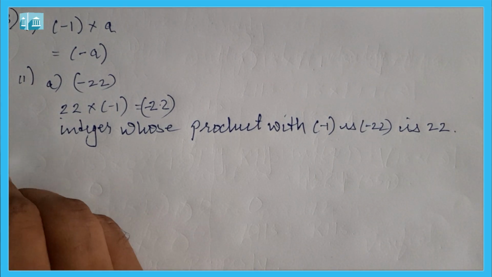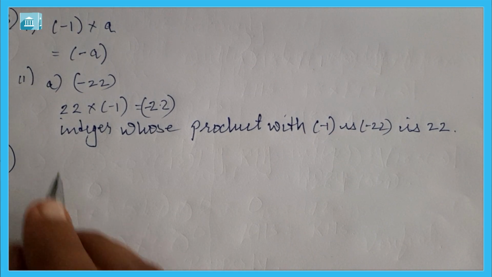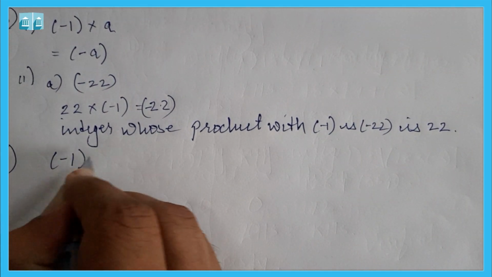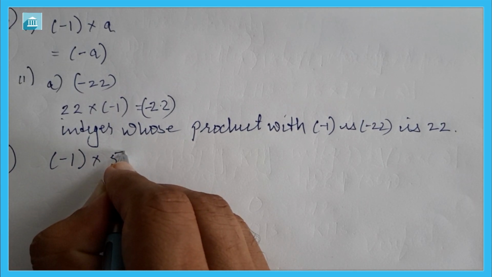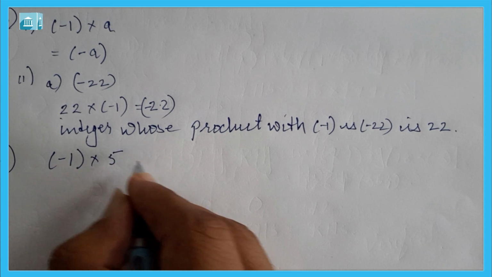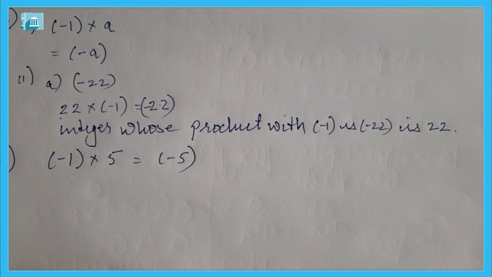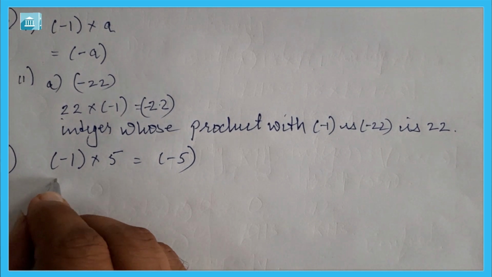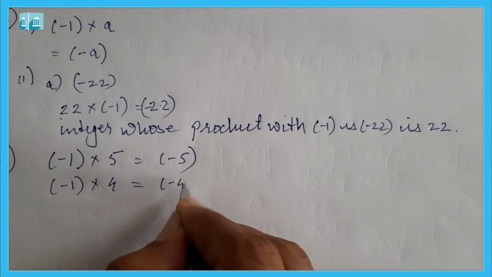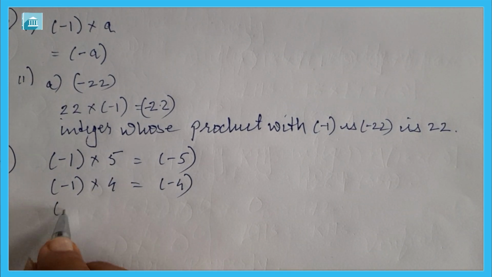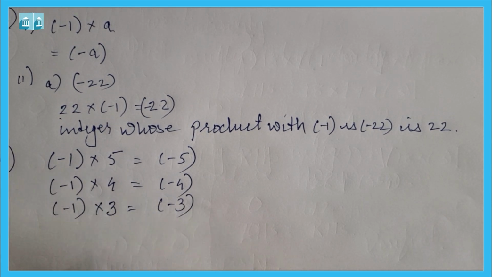Now let us see the fourth one. In the fourth one it is given, starting from -1 into 5, write the various products showing some pattern to show that -1 into -1 is equal to 1. If we start, -1 into 4 is equal to -4, -1 into 3 is equal to -3.